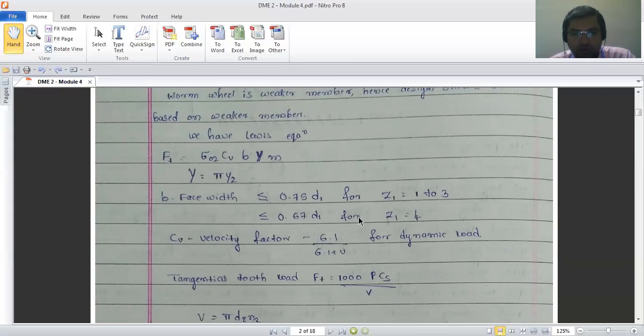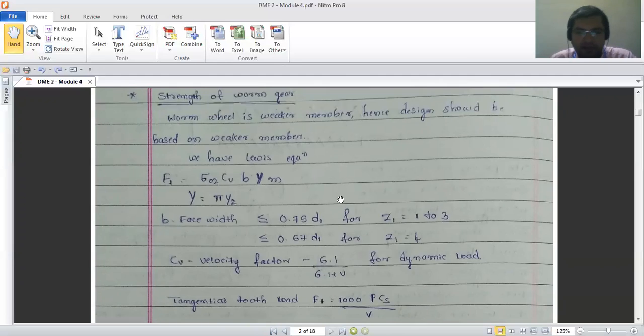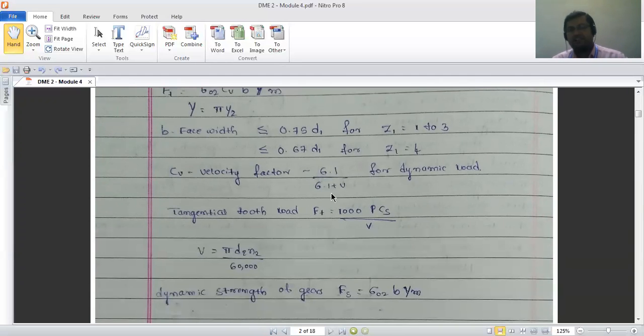The tangential tooth load equation is Ft equals 1000 T Cs divided by V, and the velocity is calculated using the standard velocity equation, pi d2 n2 divided by 60,000. Here d2 and n2 because always design is based on worm wheel. So d2 is the diameter of the wheel, n2 is the speed with which the worm wheel is rotating. The dynamic strength of a gear can be estimated using the equation Fs equals sigma o b y pi m.